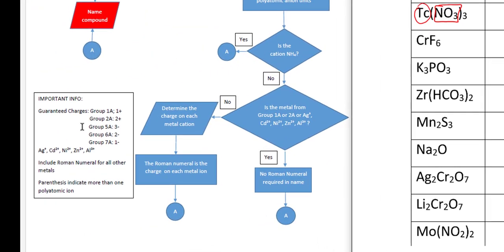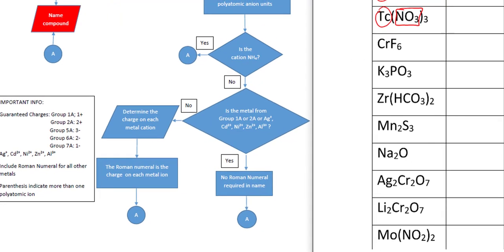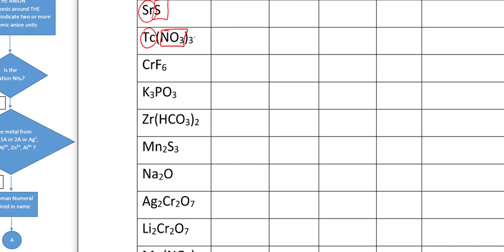And down here, I summarize a lot of stuff I'm going to explain in detail. For example, parentheses indicate more than 1 polyatomic ion. So how many polyatomic ions are there? There's 3. Here, there's the cation, the metal, and then the monatomic anion, and there's 6 of them.